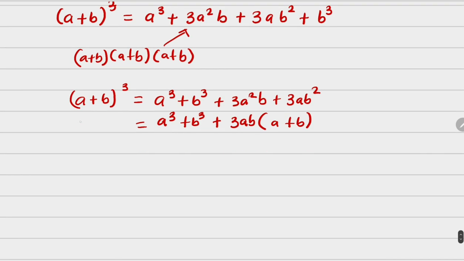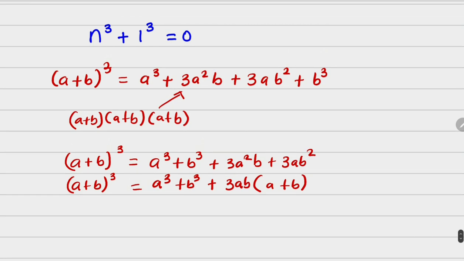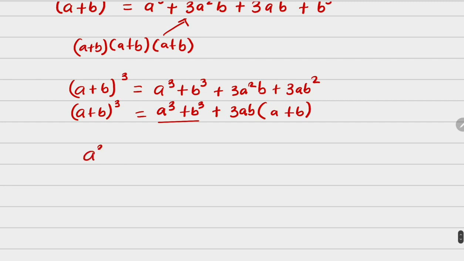All right, but remember this is a plus b all cubed. Now if you check, this is n cubed plus 1 cubed. Now this looks like it. So if I make this the subject of the formula, I'm going to have a cubed plus b cubed equal to a plus b all raised to power 3, then minus 3ab into a plus b.